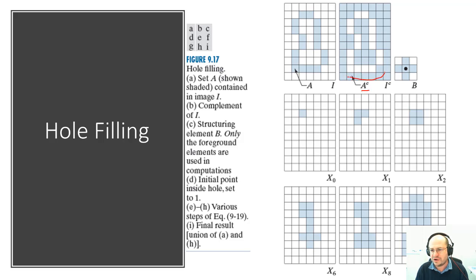So this part. It starts from this structuring element, but that is tricky. So I have an initialization. Someone has to give a pixel inside of the hole that I want to fill up. And the hole is all of this white part inside of this boundary, right?